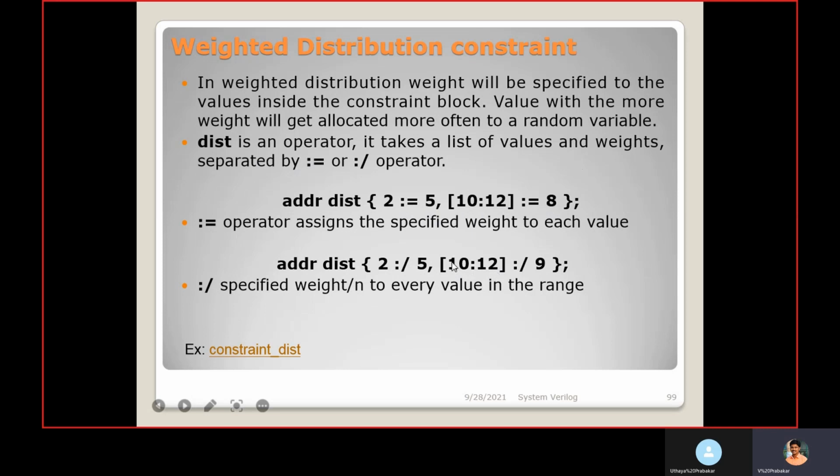So the individual weightage of 10 will be 3, 11 will be 3 and 12 will be 2, so the total weightage is 9. If you use colon equal, individual values have the weightage 8. Let's see the example.